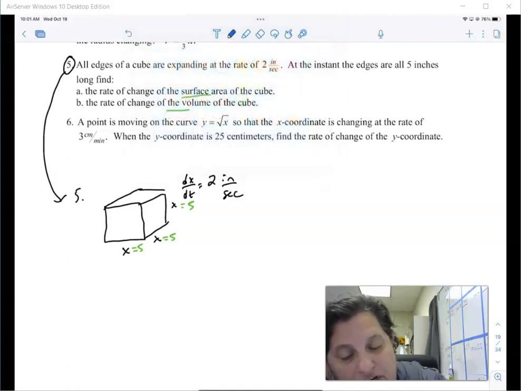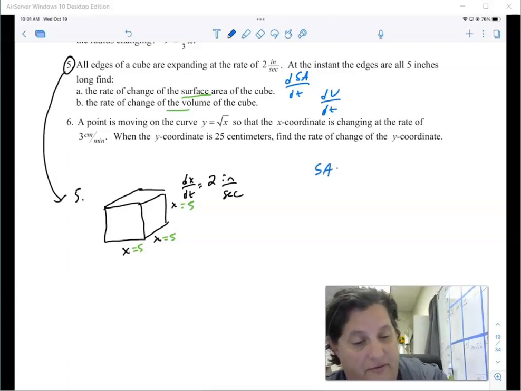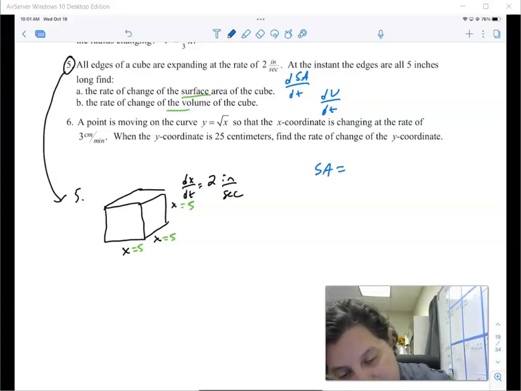If it says rate of change of surface area, it's d surface area dt. Rate of change of the volume is dV dt. Before I can find those, I need formulas for those. Let's find a formula for surface area. That's x squared. That's x squared.